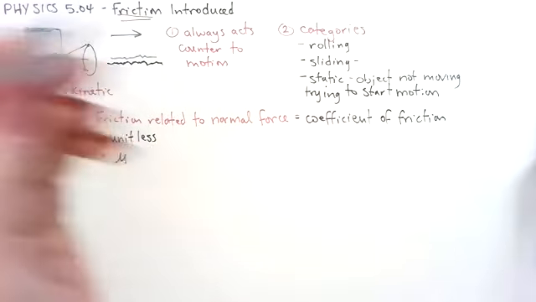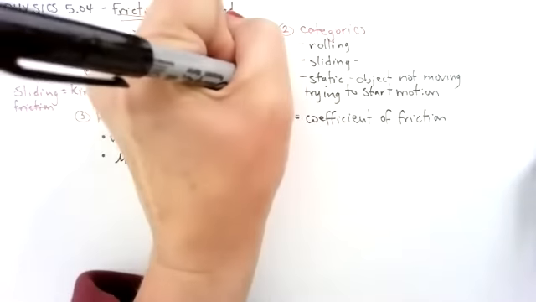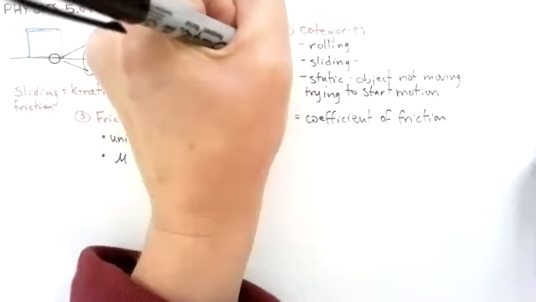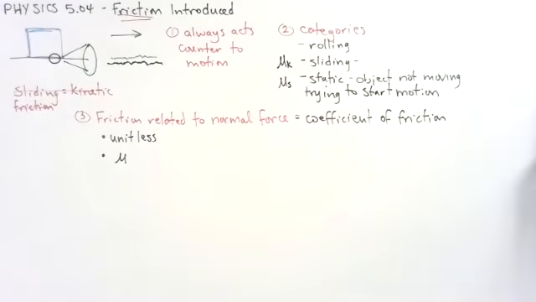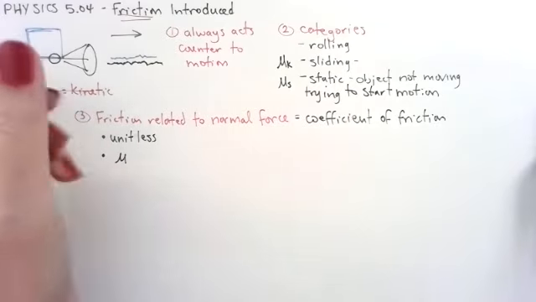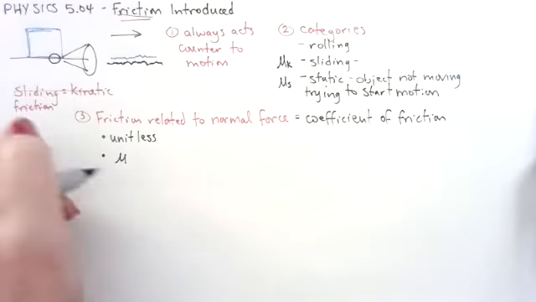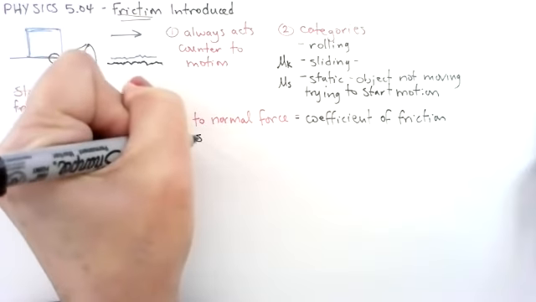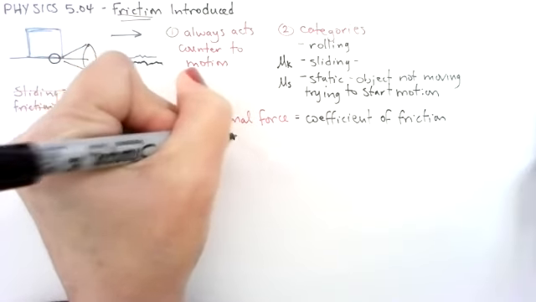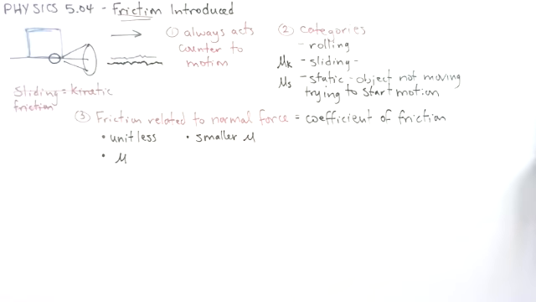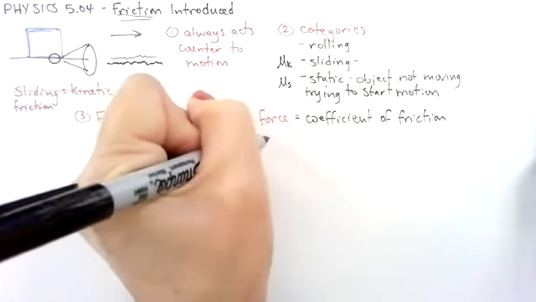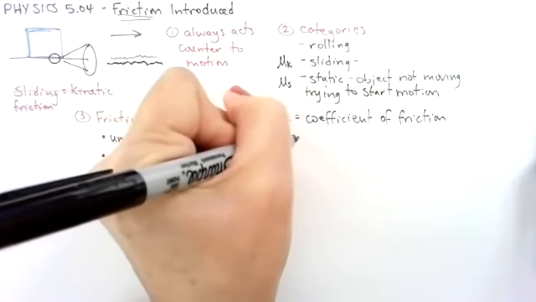For static friction, this is going to be mu sub s, and for sliding or kinetic friction, that's going to be mu sub k. Those are the coefficients. A smaller mu translates to a lower friction force.